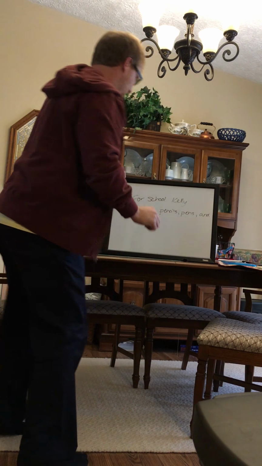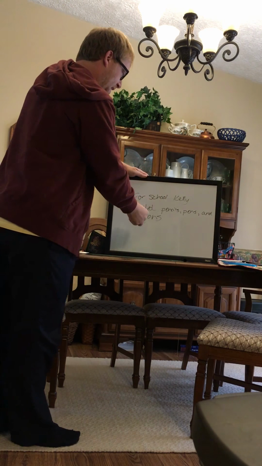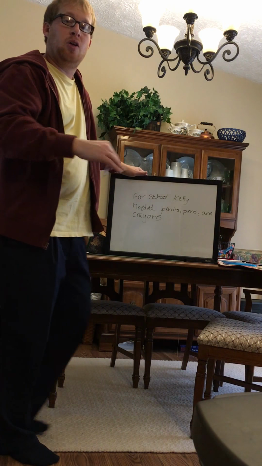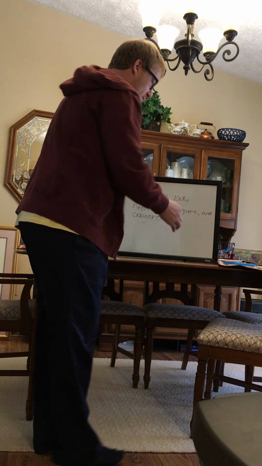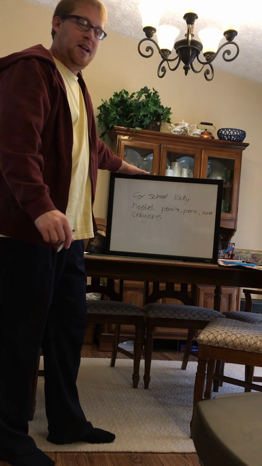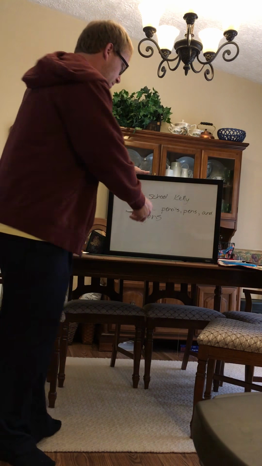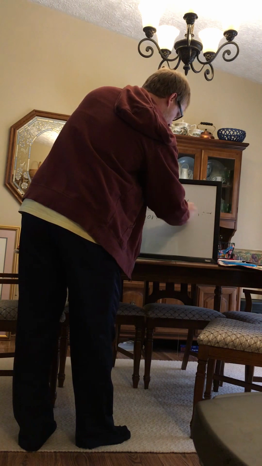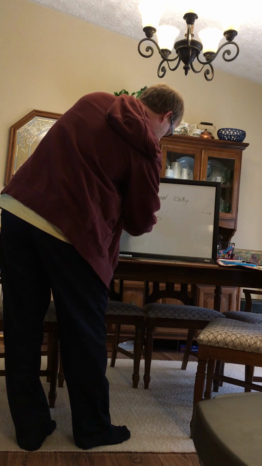So you can see in this example, for school, Kelly needed pencils, followed by a comma, pens, comma, and crayons. And what that does is it separates our list out.